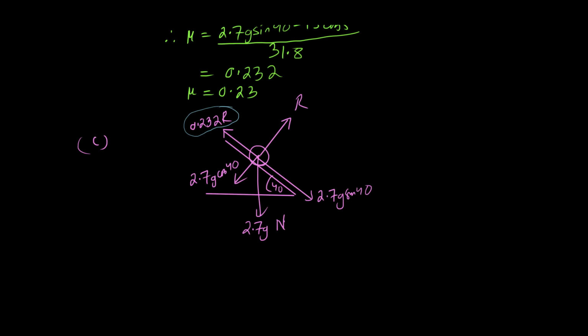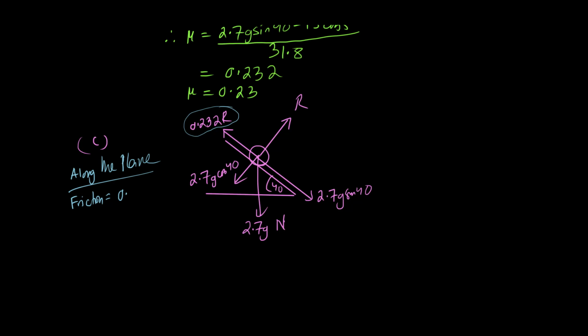If the friction is equal to this, it is going to be in place. But if this is more, then it is not going to be in place. Let's do friction separately.